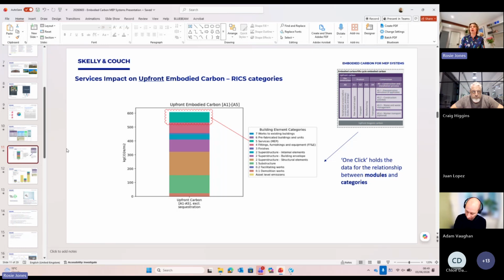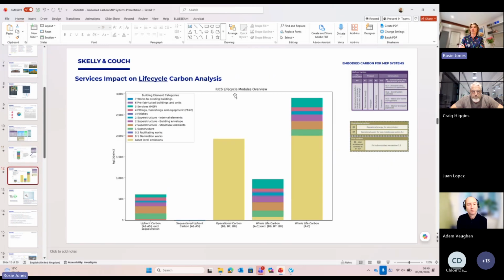To emphasize, this diagram here is the whole life chart, where the diagram you saw previously with that 10% is this finger. But when you're actually considering the whole life carbon of the building, these services are being changed 2 or 3 times, even 4 times in the lifetime of the building, rather than the structure, which is not changing.